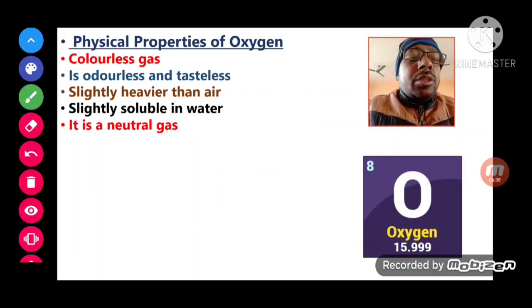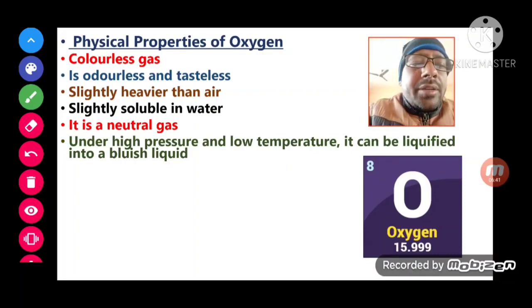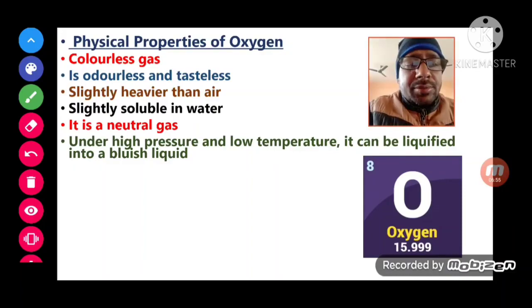Please note down in your copy, my dear students. Under high pressure and low temperature, it can be liquefied into the bluish liquid. Means oxygen can be liquefied by applying pressure at low temperature, and you will get blue liquid of oxygen.